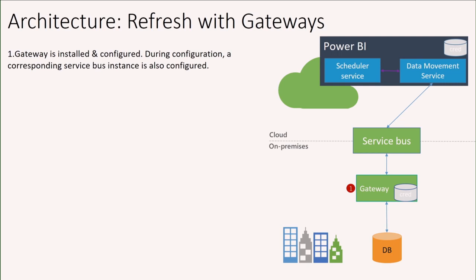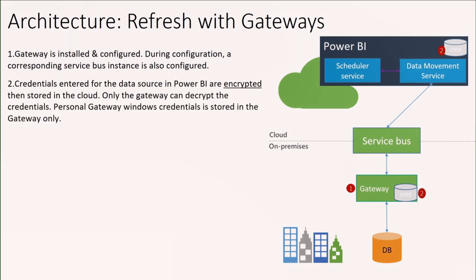Once it's configured, we ask you for a recovery key. That recovery key is used to generate both a symmetric and asymmetric key that encrypt your credentials outside the on-premises and only decrypt them once they are on the gateway machine. So they never leave your on-premises environment decrypted.